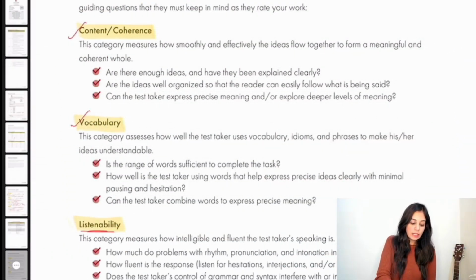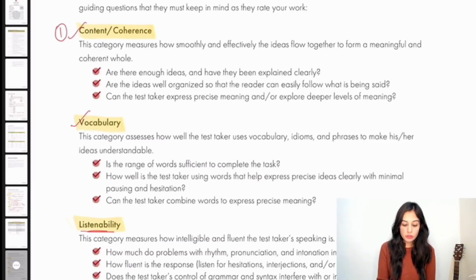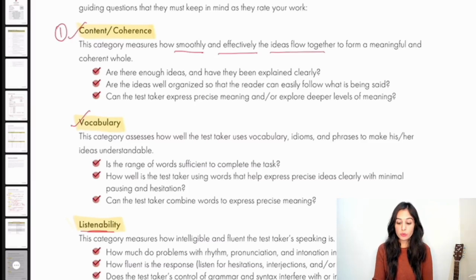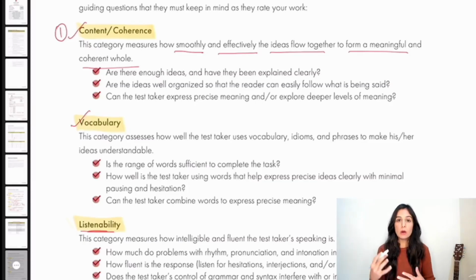What exactly is content coherence? This category measures how smoothly and effectively the ideas flow together to form a meaningful and coherent whole. So whatever ideas you have in your mind, how well are you able to express them?